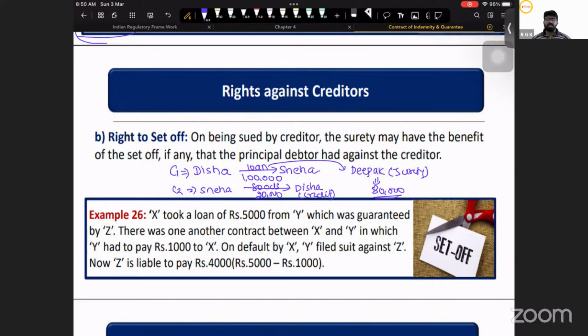This is called set off. The surety may have the benefit of set off, if any, that the principal debtor had against the creditor. This is what the principle says: the right to set off.